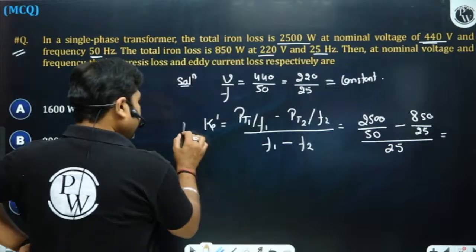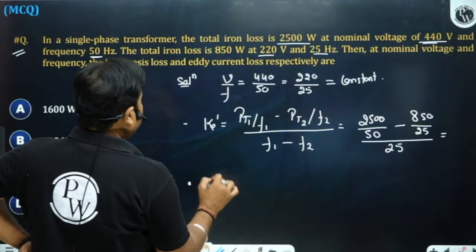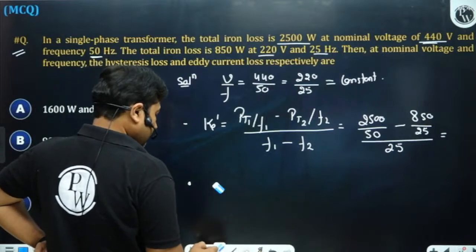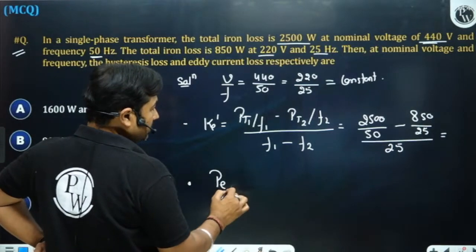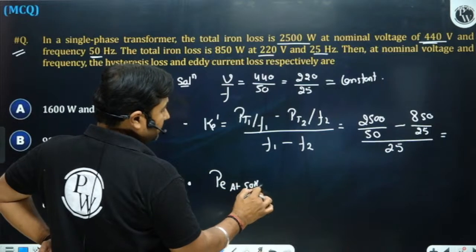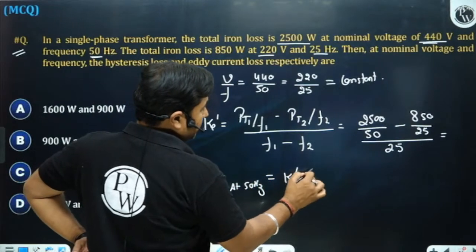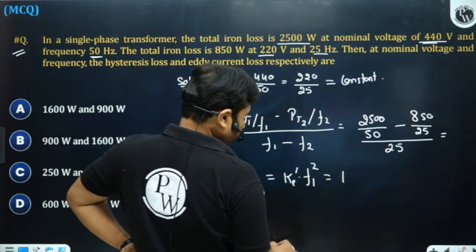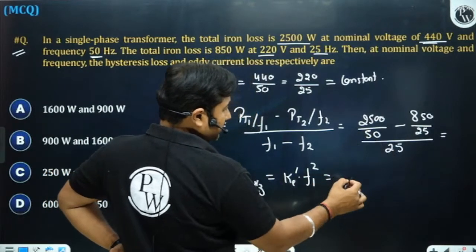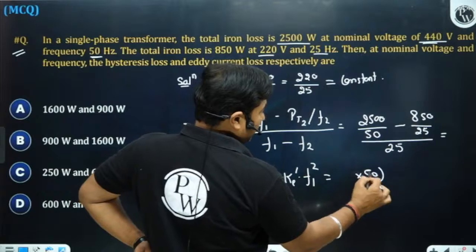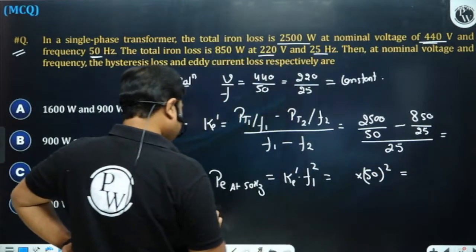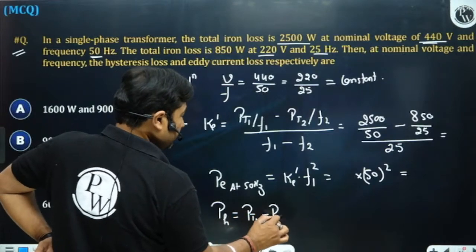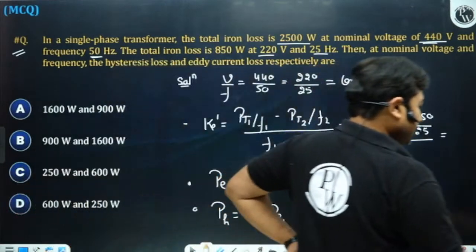Once you are able to find Ke dash, you can easily find the eddy current loss. Eddy current loss at 50 hertz is Ke dash into F1 square, that is Ke dash into 50 square. Once you have the eddy current loss, the hysteresis loss will be total loss minus eddy current loss, that is at 50 hertz.